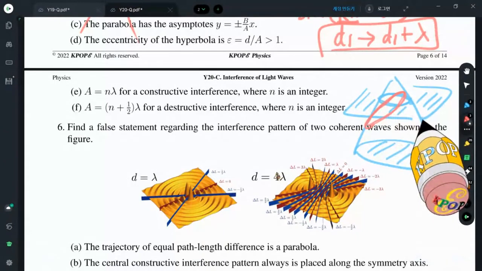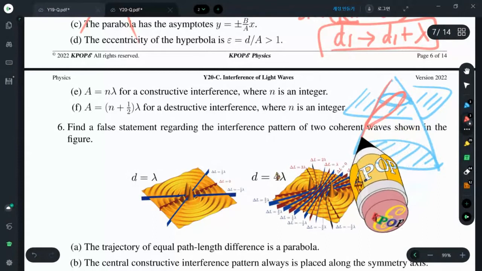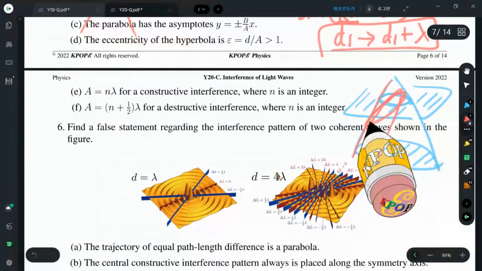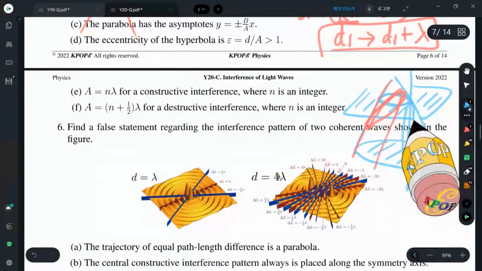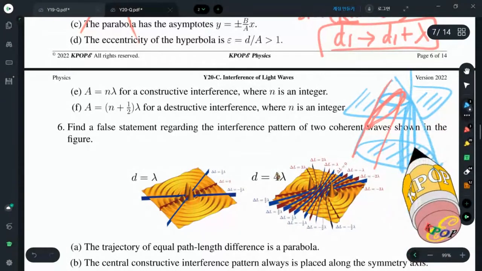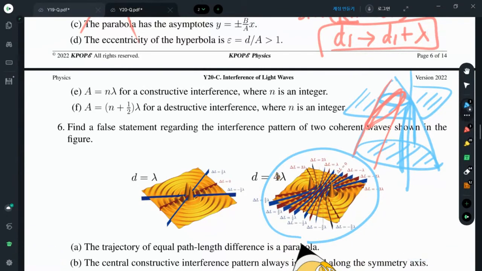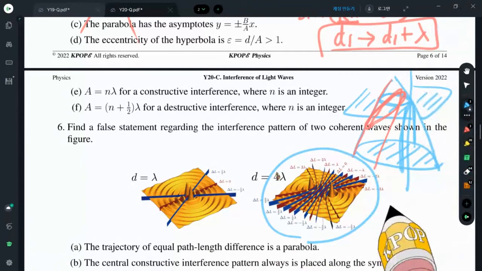If you increase the angle to be parallel to this line, then this trajectory is a parabola. And if you cut it vertically, then you will get a curve that is shown here, called a hyperbola.